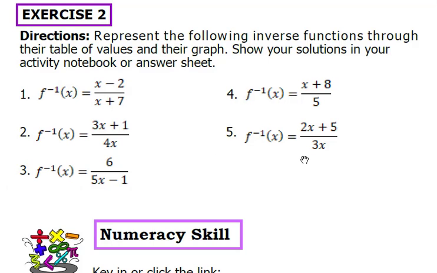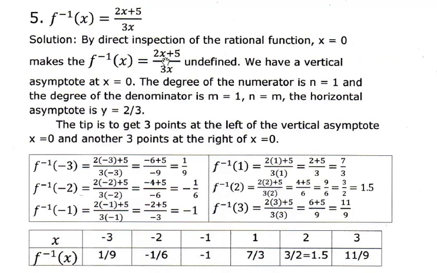Moving on to the last exercise, number 5, f inverse of x equals 2x plus 5 all over 3x. Again, we have the rational function. So for the solution, by direct inspection again of the rational function, x equals 0 will make the denominator 0, or the whole function undefined.